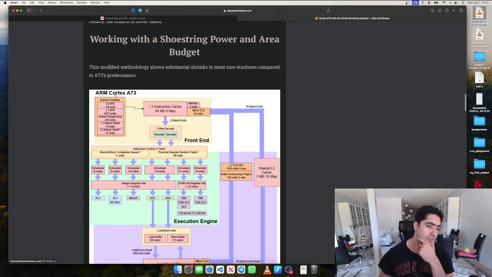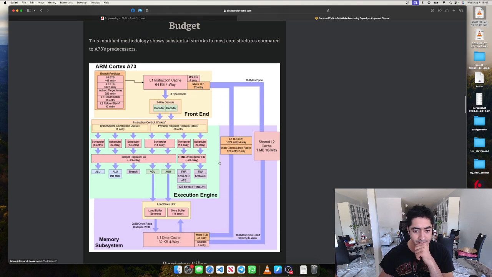So this is ARM Cortex A73. You have your branch predictor, you have your L0, L1 indirect target array, L1 return stack, and L2 return stack going to L1 instruction cache, 64 kilobyte 4-way. You have your MSHRs 4 and 3, your micro TLB 32 in 3.